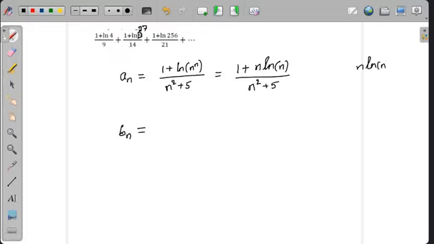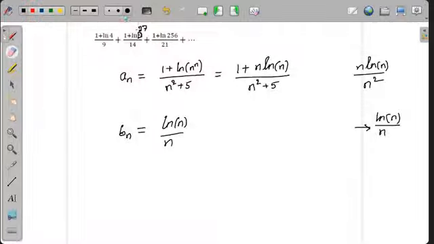The entire expression I can see as n times ln n over n squared. So how does it look? ln of n over n. That's it. So the suitable choice of bn is going to be ln of n over n. Now let us try to find the limit of an over bn.